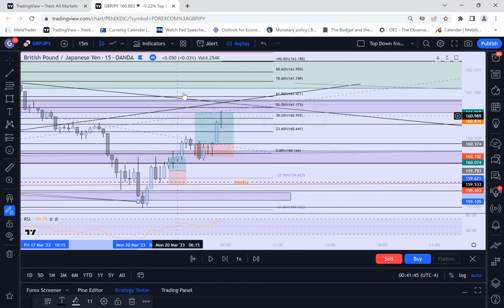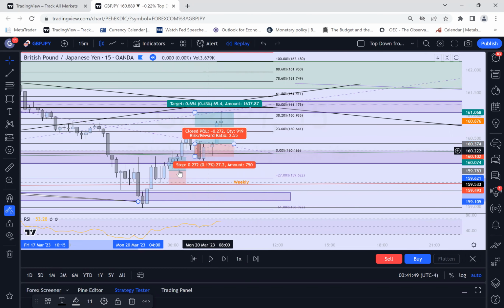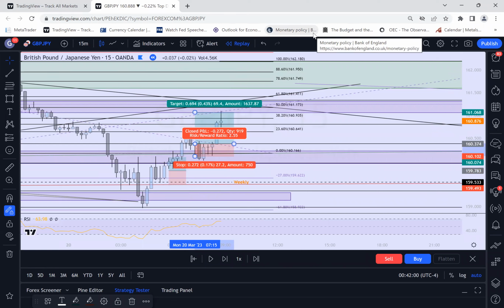So for this one, I think my original take profit was in this zone, and then once it had gotten into breaking and retesting above my 4-hour trend line, I was going to take price from 160.102 to 161.068.